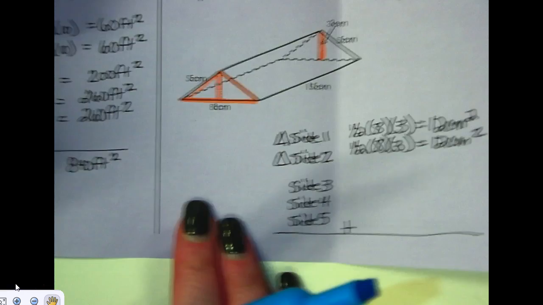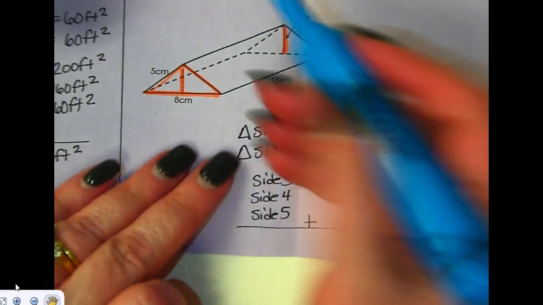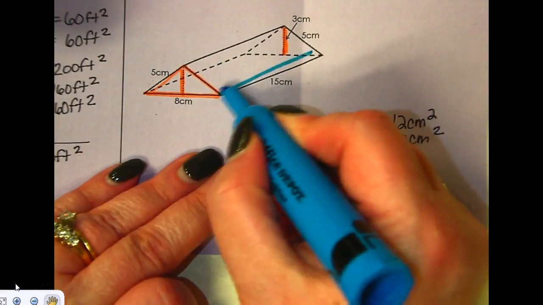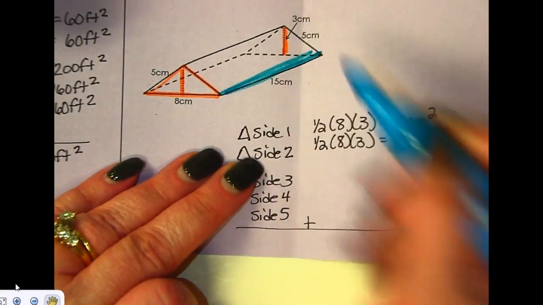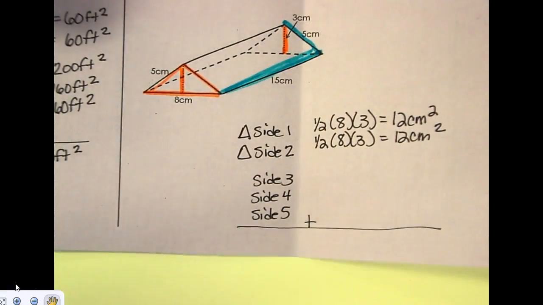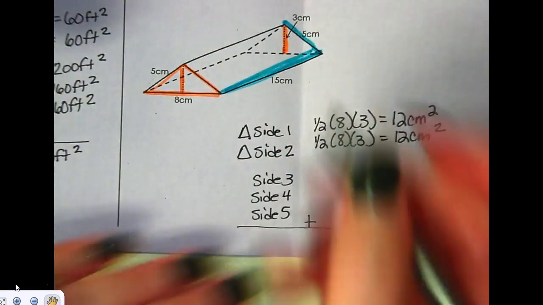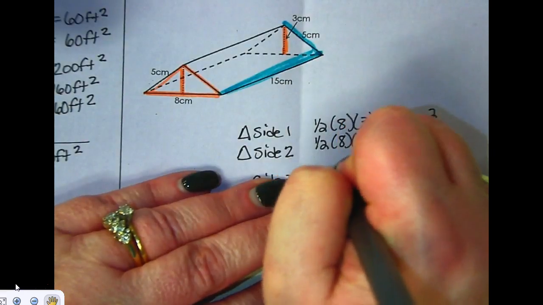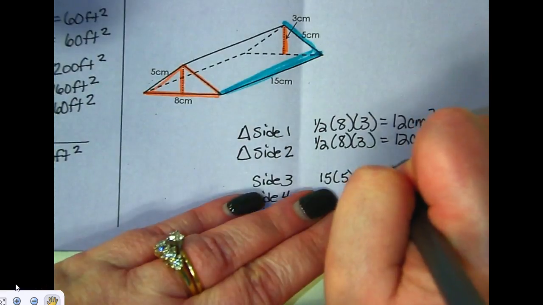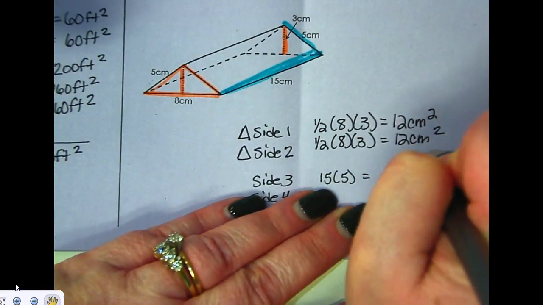All right. I want to look at this left side right here. So the base right here is 15, and the height right here is 5. 15 times 5 is 75 centimeters squared.